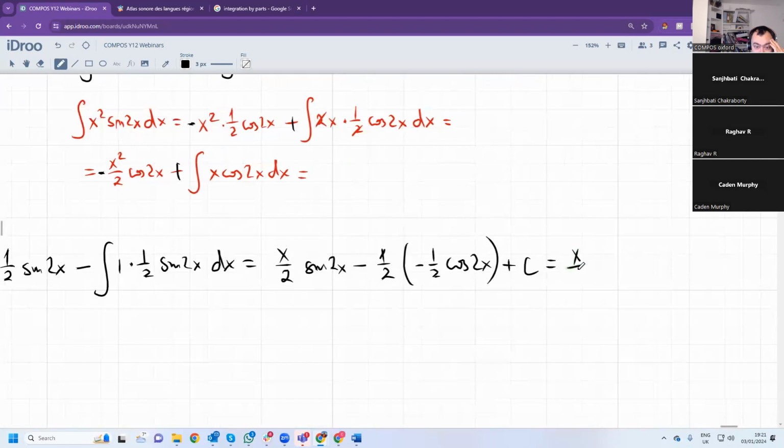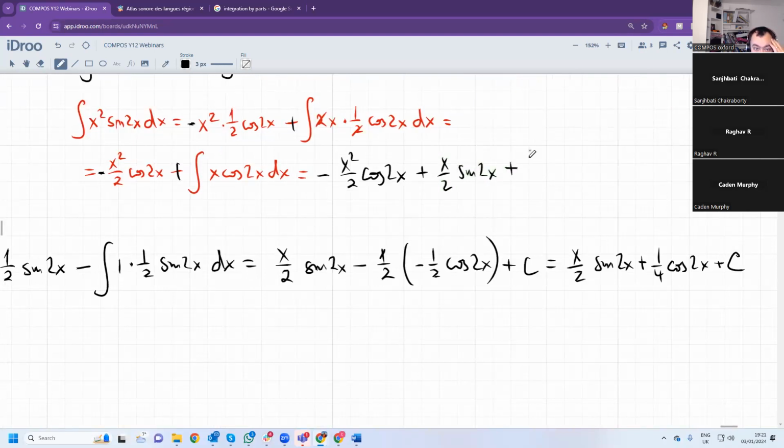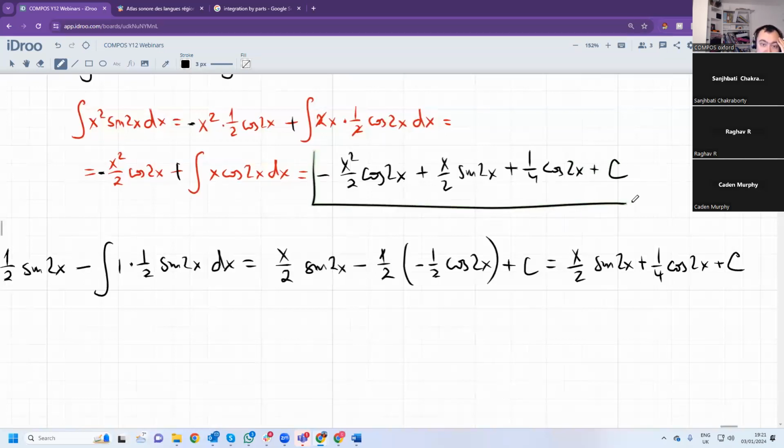So that is x over 2 sine 2x plus a quarter cos 2x plus c. And you can sub that into here. So it's going to be minus x squared over 2 cos 2x plus x over 2 sine 2x plus 1/4 cos 2x plus c. And that is the answer.